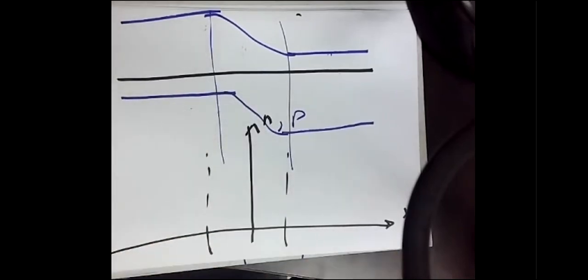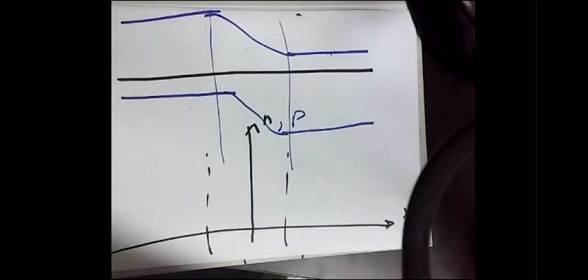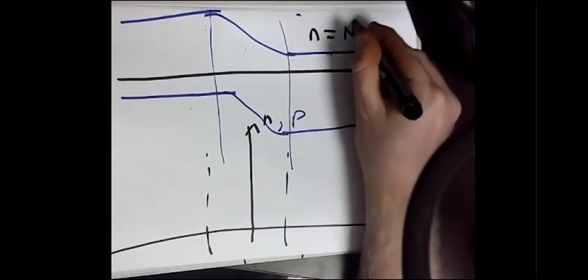Again, we have three main regions: this pure N material, this pure P material, and the depletion region in between. Let's start with the N region. For an N region, as you know from the revision lecture, the number of electrons is equal to the donors, ND.